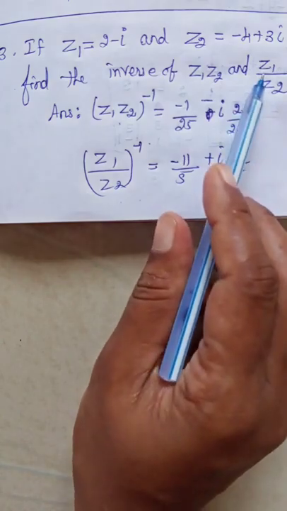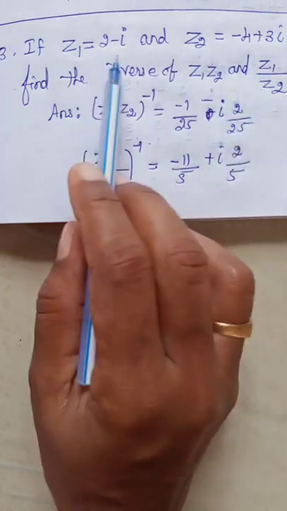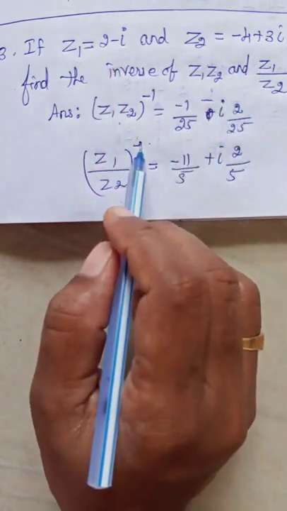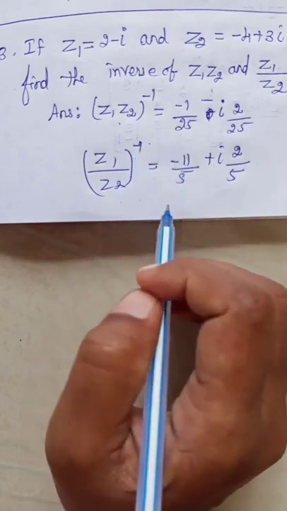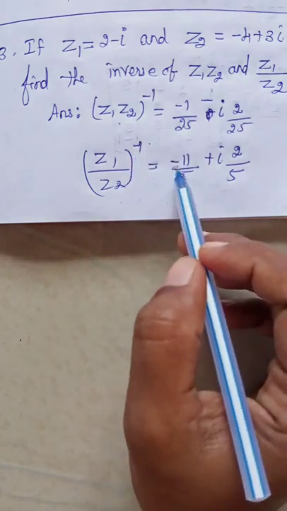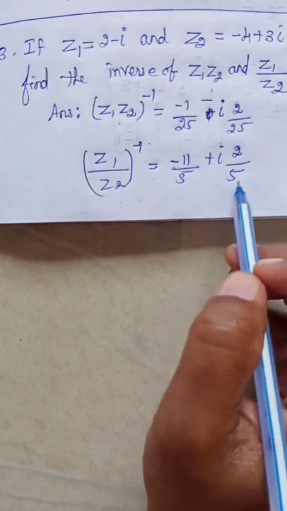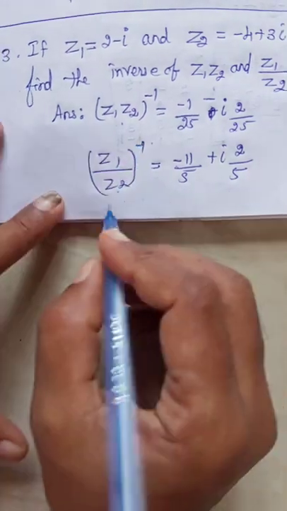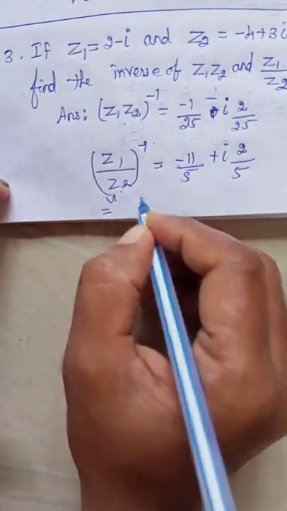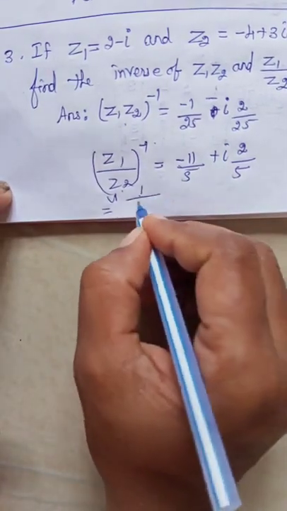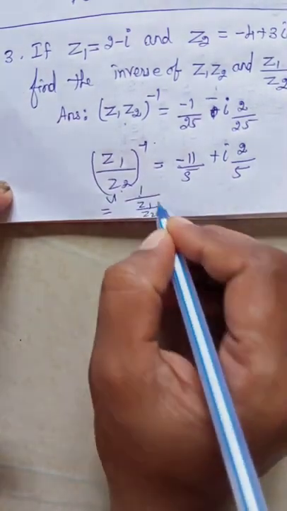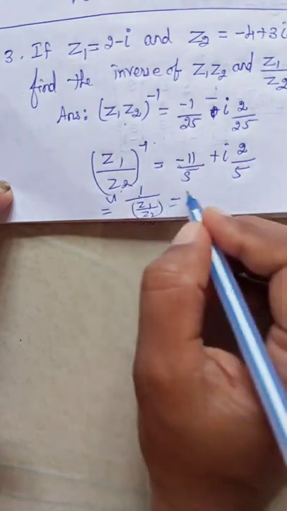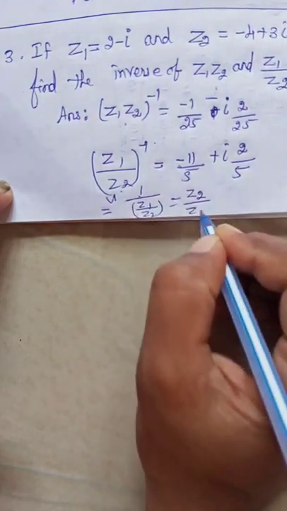Okay. So the next one, Z1 by Z2, you have to find first, then find the inverse, that is 1 by that value. Or else you can directly find it: the inverse of Z1 by Z2 is 1 by Z1 by Z2, isn't it? Or else Z2 by Z1.